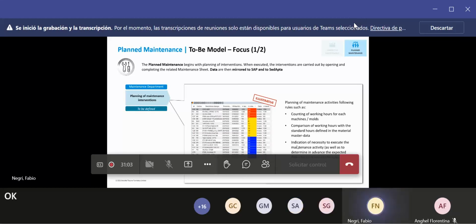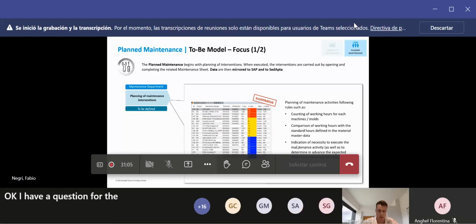Okay, I have a question for the countries concerning the documents useful for maintenance.